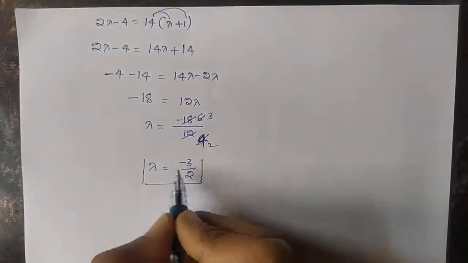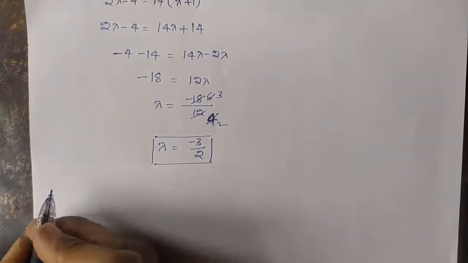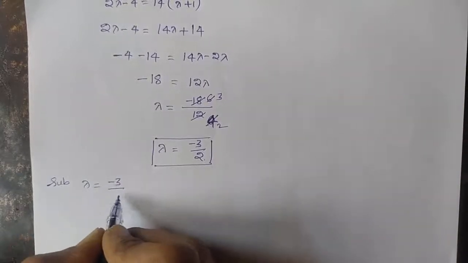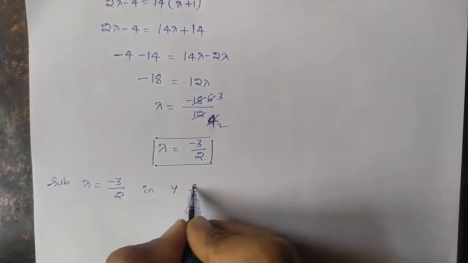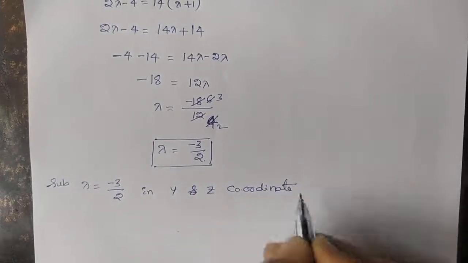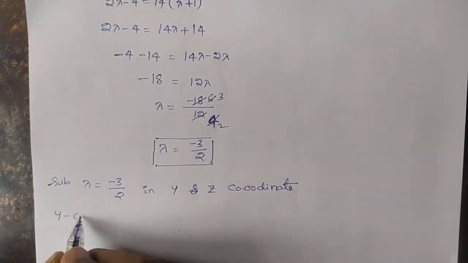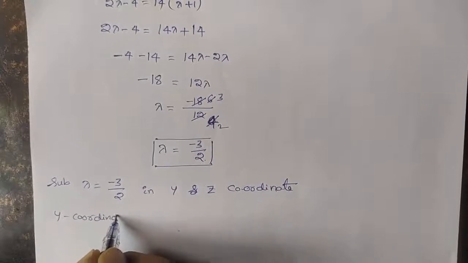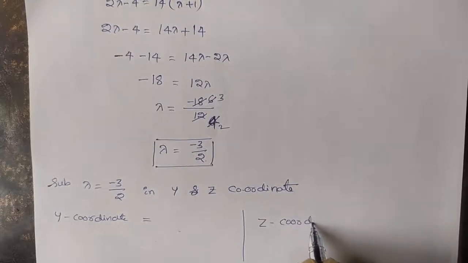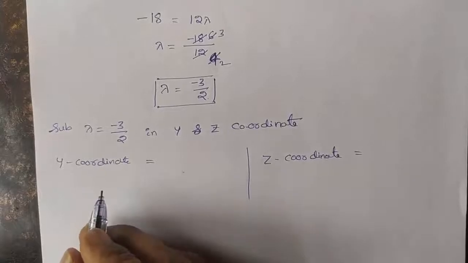Now we found the value of lambda. Let us find the y and z coordinates. Substitute lambda equals minus 3 by 2 in the y and z coordinates.